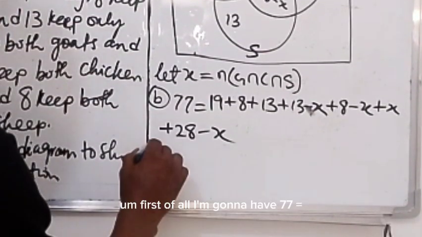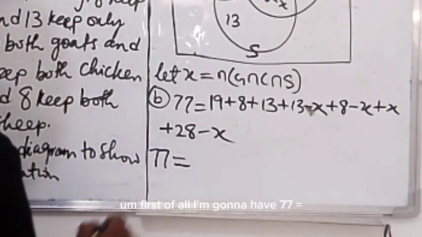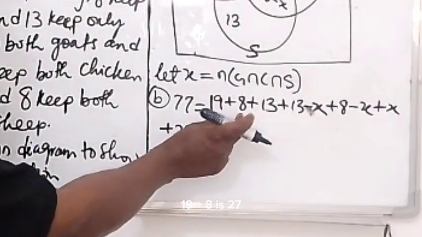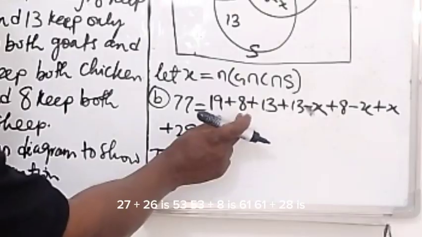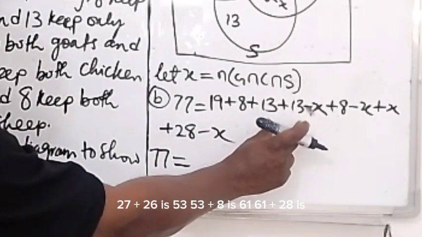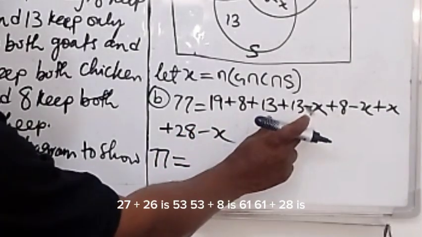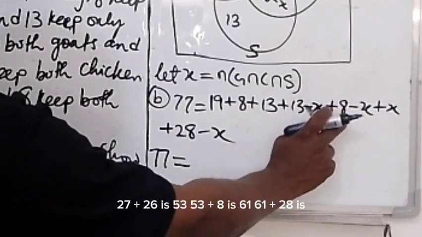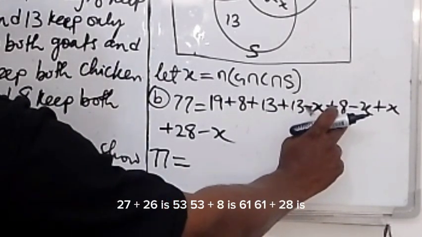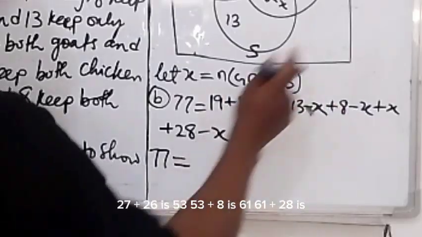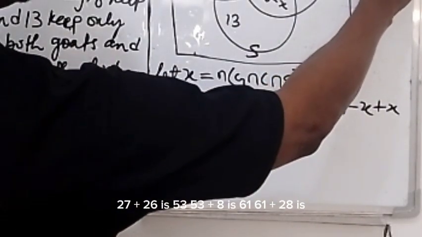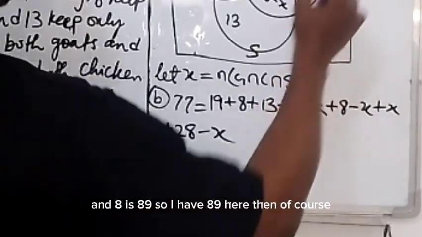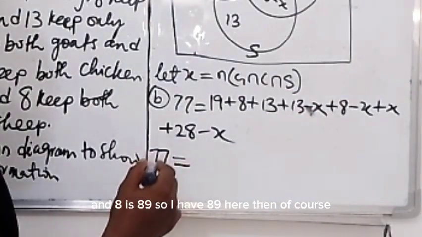First of all, I'm going to have 77 equals 19 plus 8 is 27. 27 plus 26 is 53. 53 plus 8 is 61. 61 plus 28 and 8 is 89.